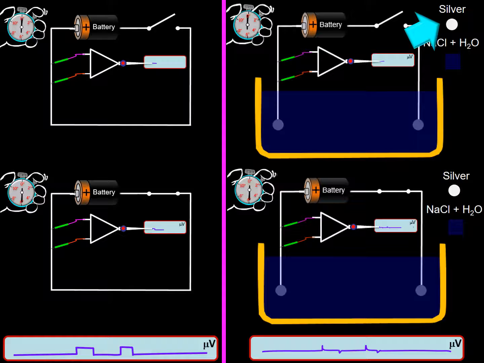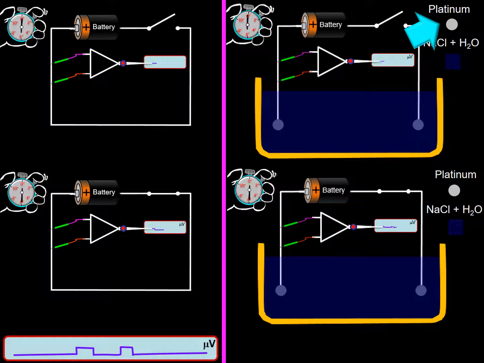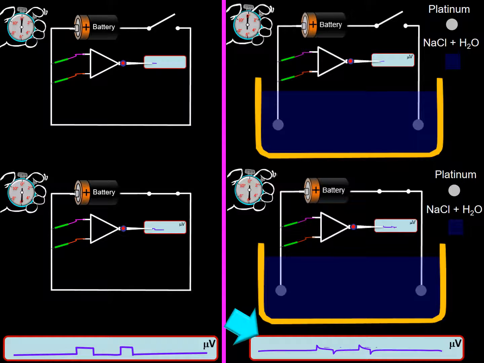Now, instead of pure silver, I'm going to show you what happens when you use platinum. Again, the tracing will be different than the tracing that we saw when we were using purely electron circuits. You can see this reflected and pointed out by the arrow in this frame.